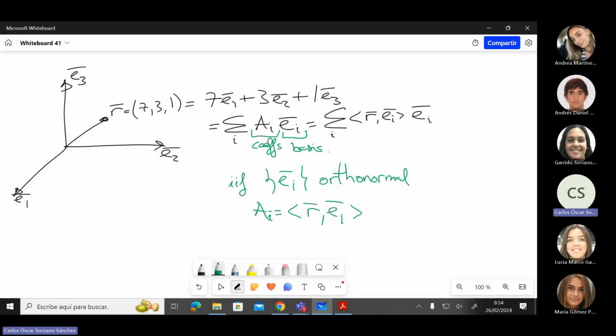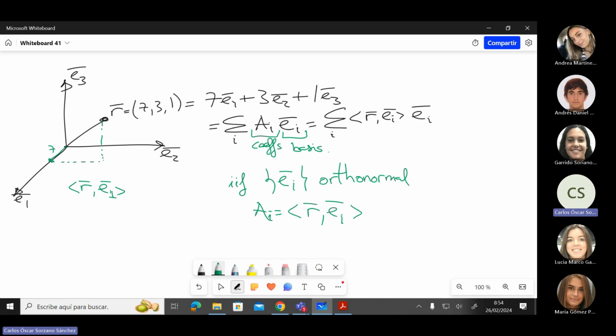So let's look at this one. This is 7 according to that coding. And that 7 is the length, is the projection of this thing.